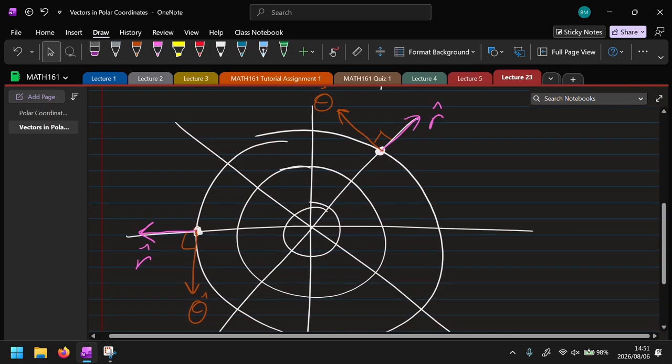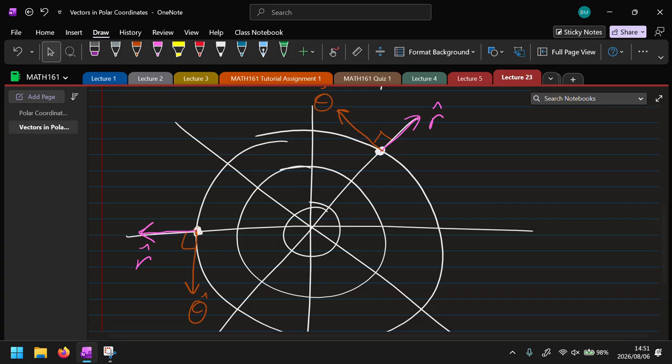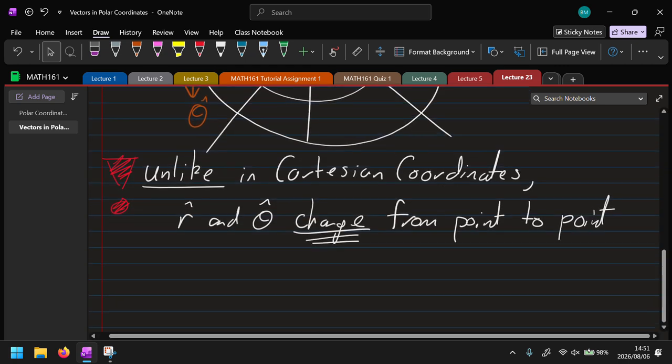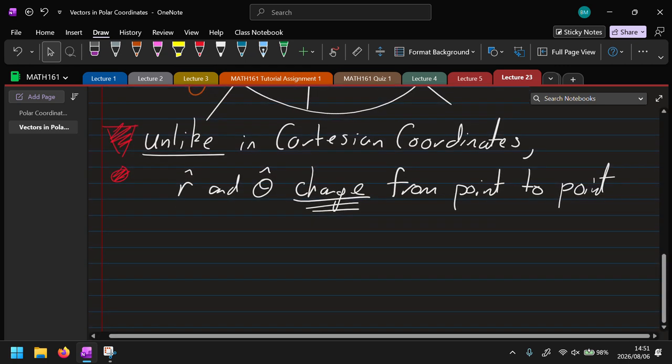Okay, is everyone clear on this diagram? So you pick a point, you can draw r hat, you can draw theta hat. You pick another point, you can draw r hat, you can draw theta hat, and it will be different wherever you are. Any questions on that before we move on?